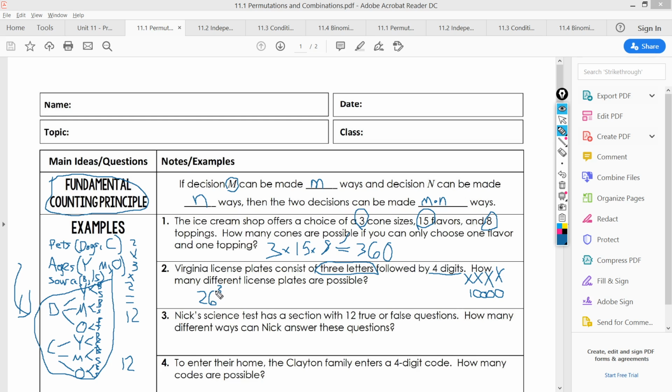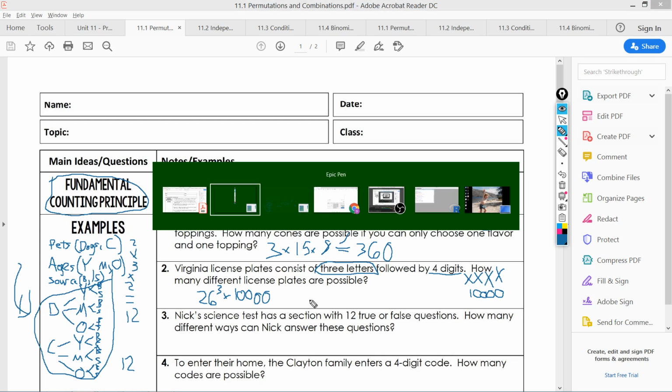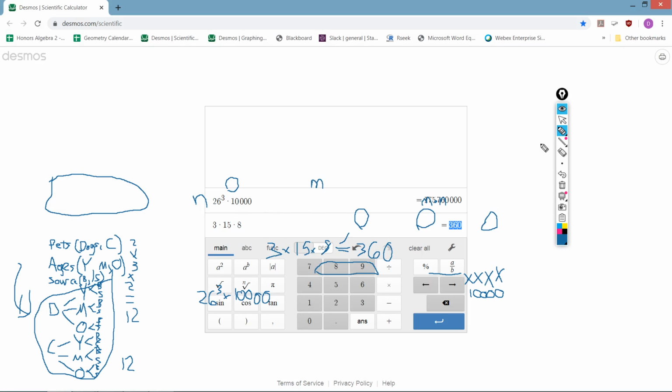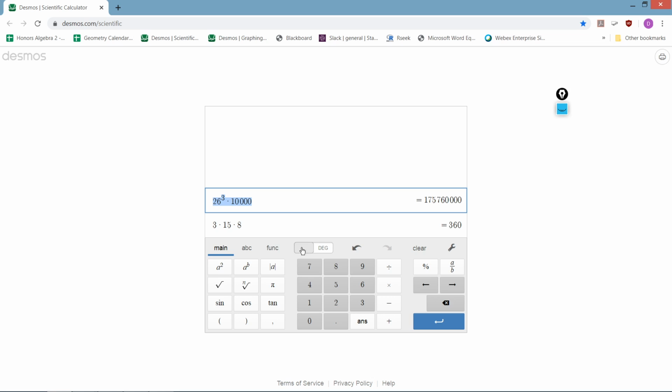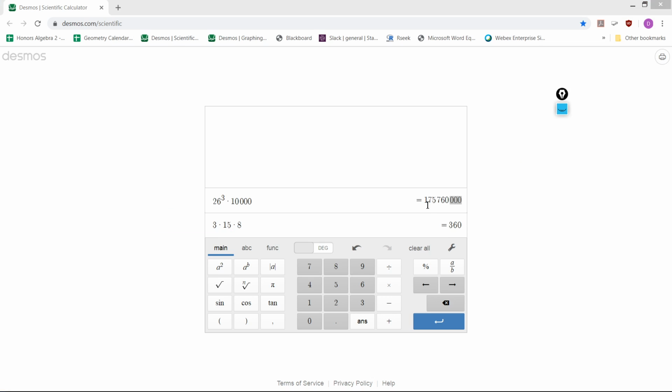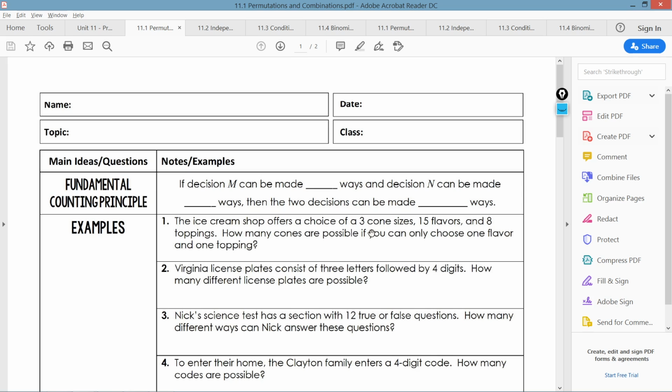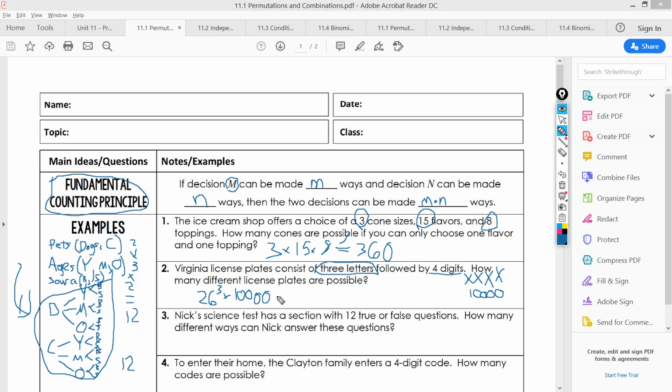So it's 26 to the 3rd power times 10,000, and I actually did this one ahead of time to make sure that I was doing things right on this. 26 to the 3rd power times 10,000, and that is 175,760,000.